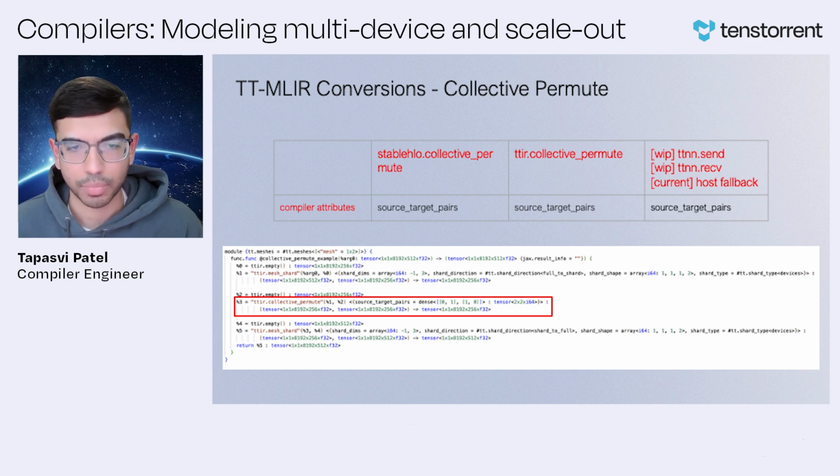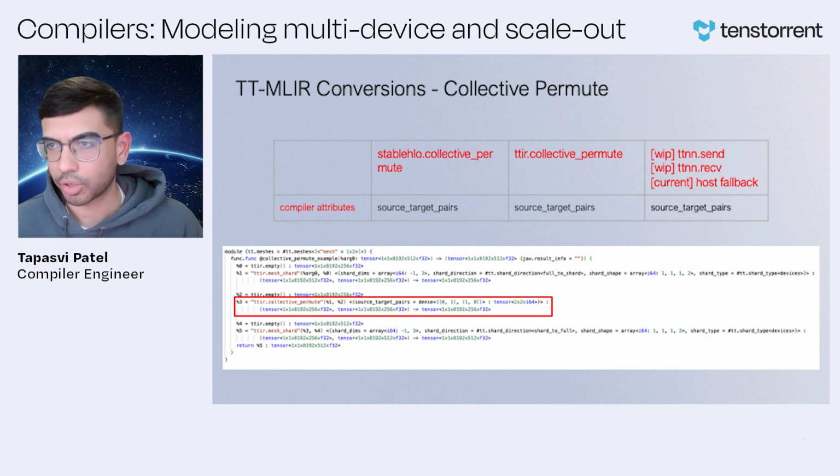We're going to take the tensor shard that lives on device 0, send it to device 1, and the tensor shard that lives on device 1 and send it to device 0. So you can create pipeline parallelized models using this approach. And we basically represent this as this particular attribute all the way down the stack.